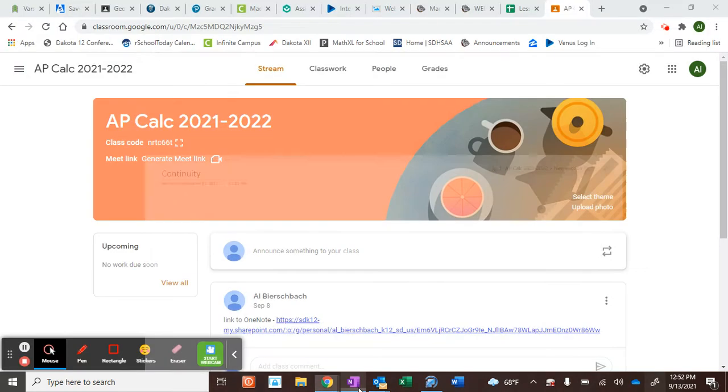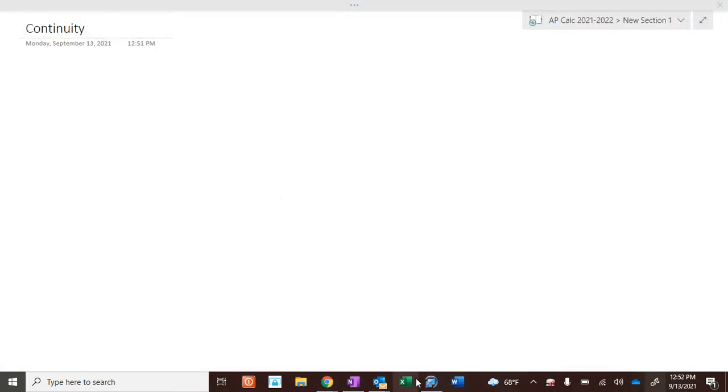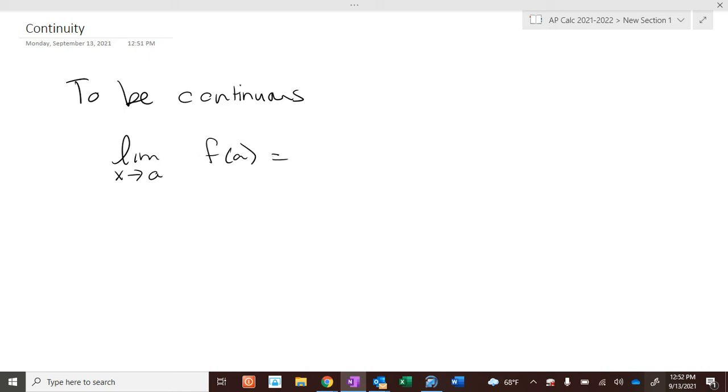All right, we're going to look at continuity of functions. To be continuous, the limit as x approaches a of f of x must equal a value, let's say b.